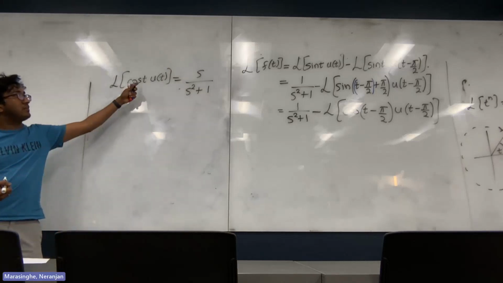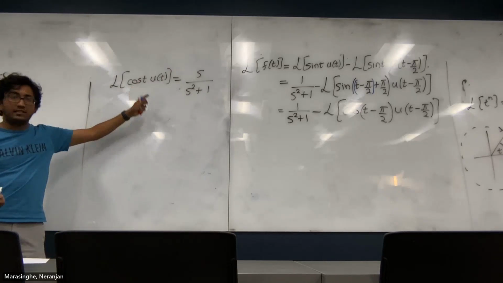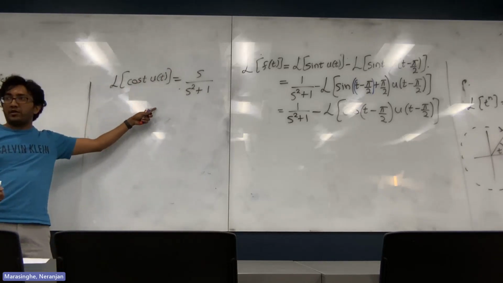Now let's apply translation in the time domain. Let's translate this function by pi divided by 2.